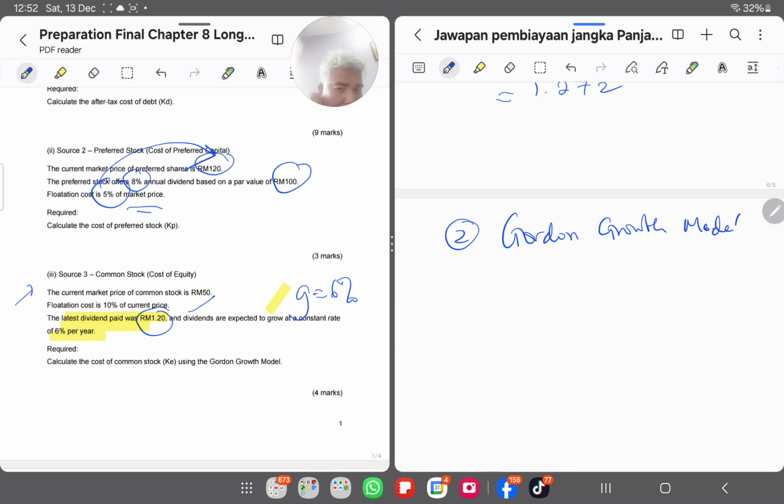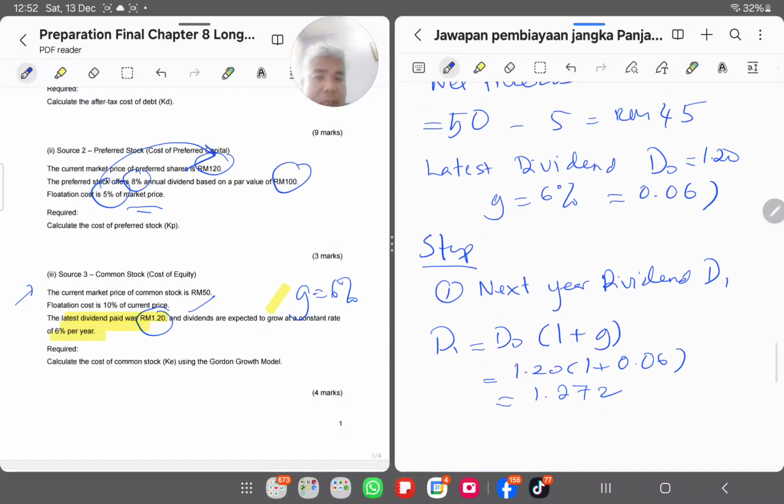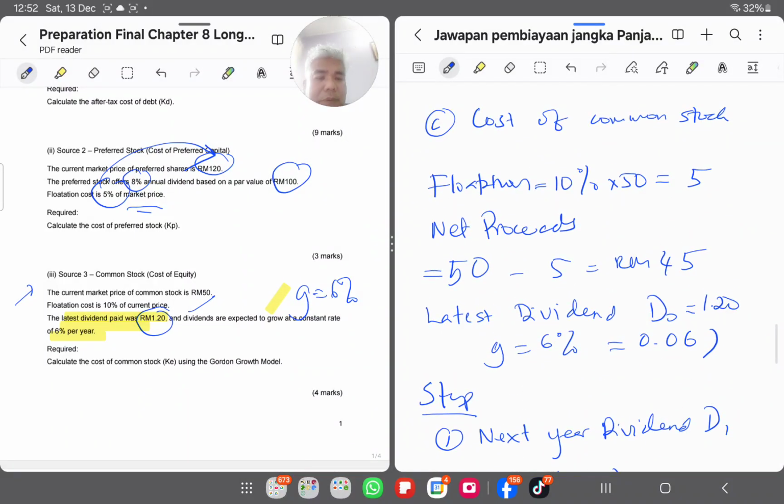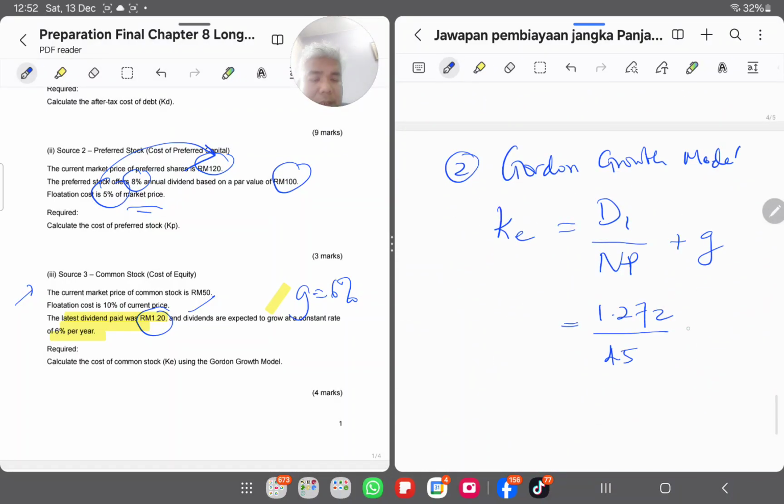This is the formula from Professor Gordon, where KE, or cost of equity, is D1 that we have calculated just now, divided by NP, net price, plus G. D1 is 1.272 here, divided by NP, which is 45 ringgit, plus G, 0.06.